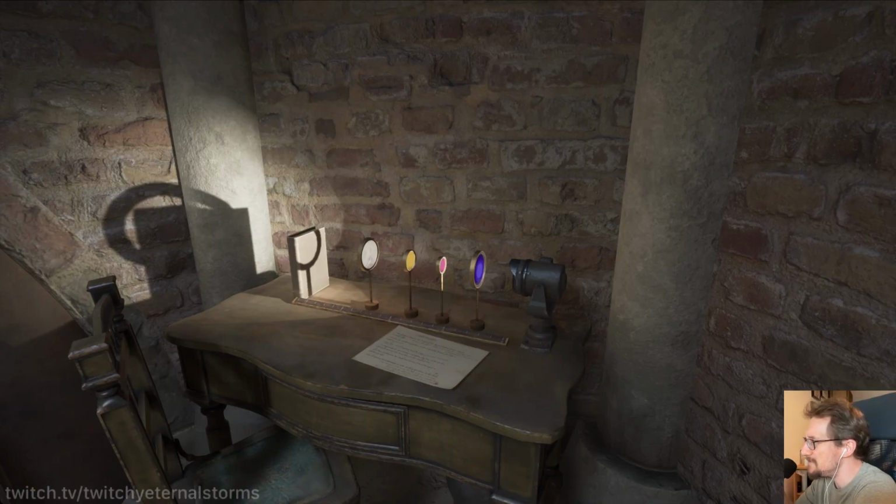Lens frequency must increase or decrease in order as they get closer to the book. What do they mean in order?